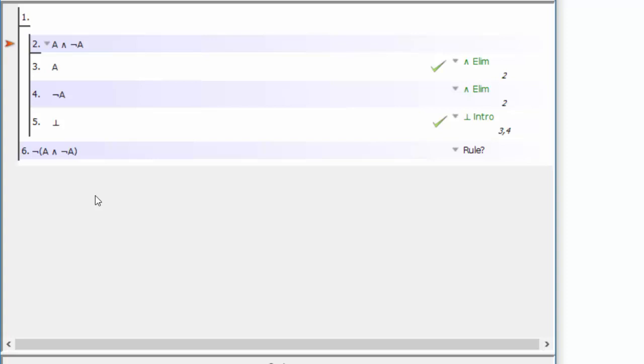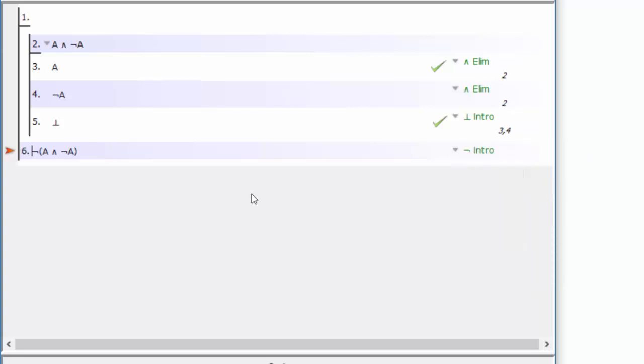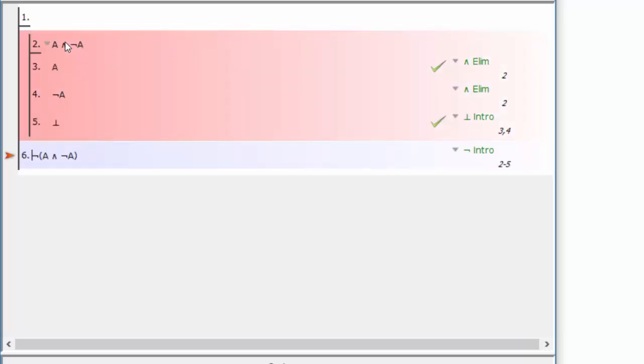Well, how can I say that that proposition is false? I add a negation to it, which is what is happening in step 6. And if you'll recall, the way that we do that is through negation introduction, which is the same thing as proof by contradiction, also known as indirect proof.